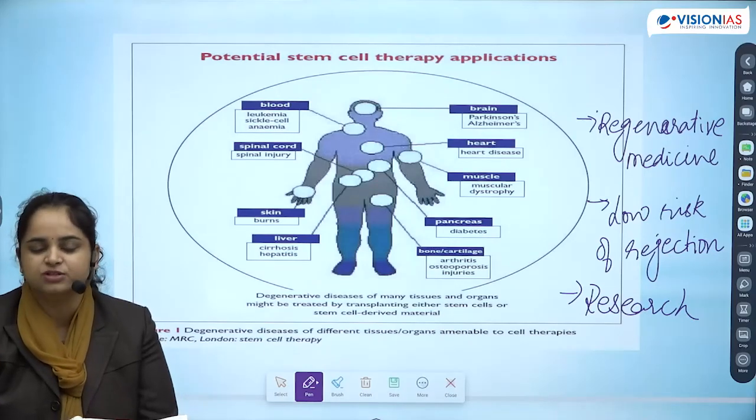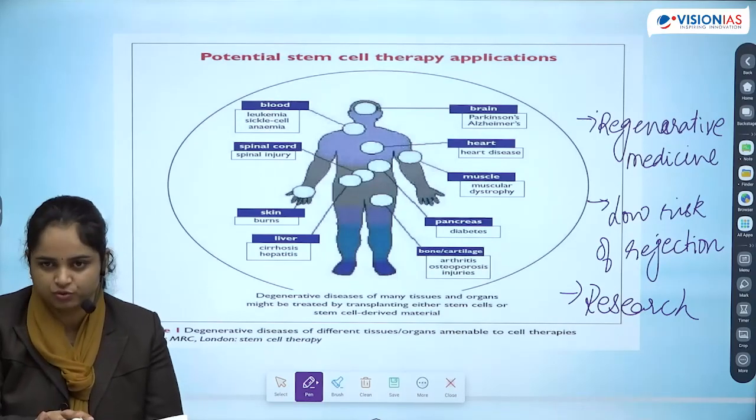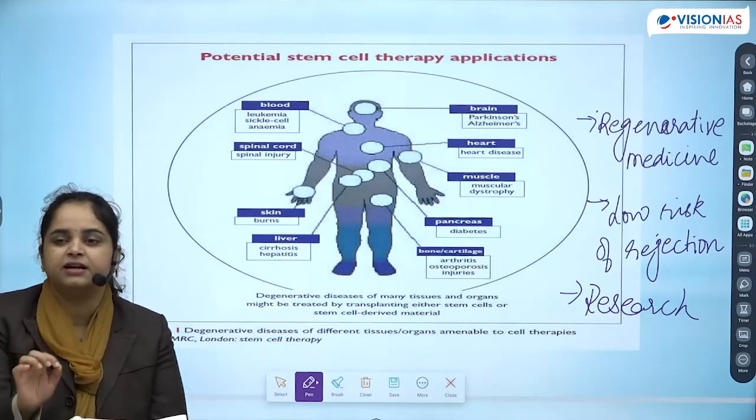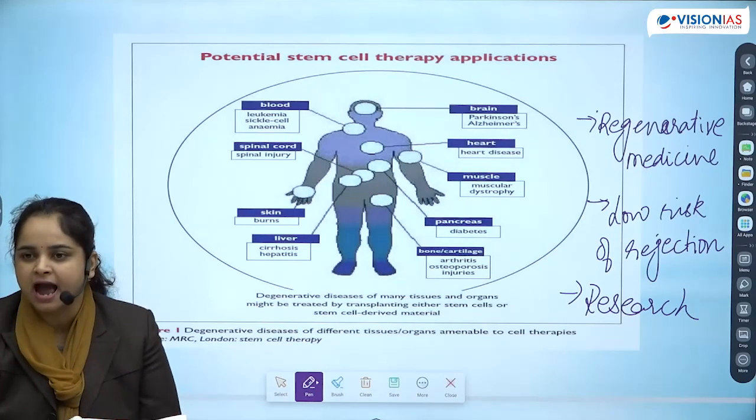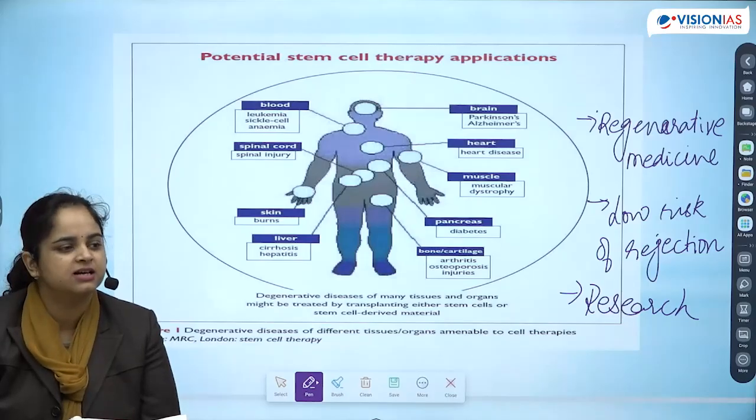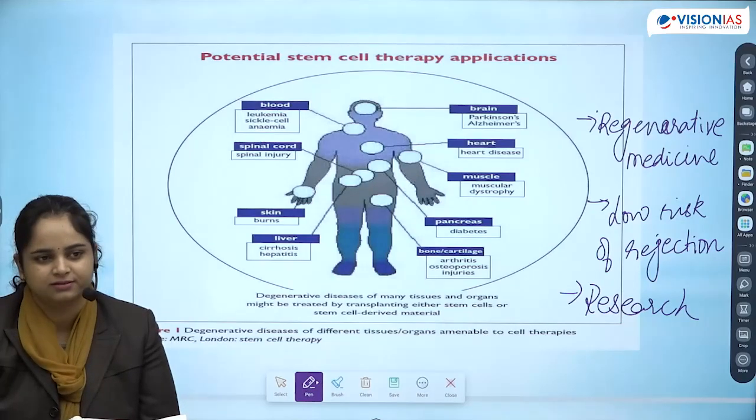There is one big limitation to the use of stem cell therapy, and that limitation is availability of stem cells.